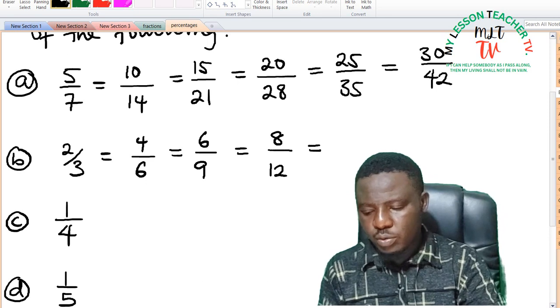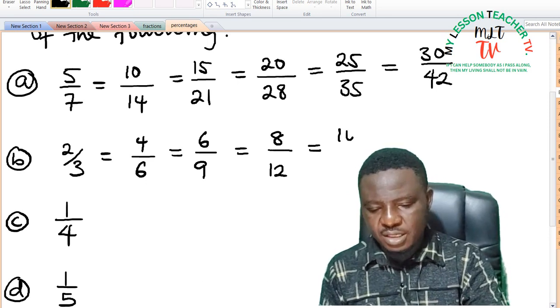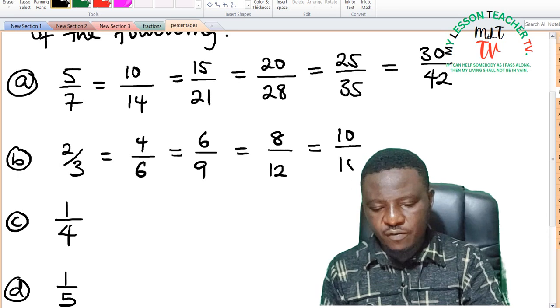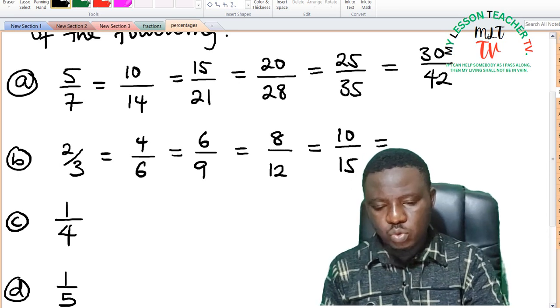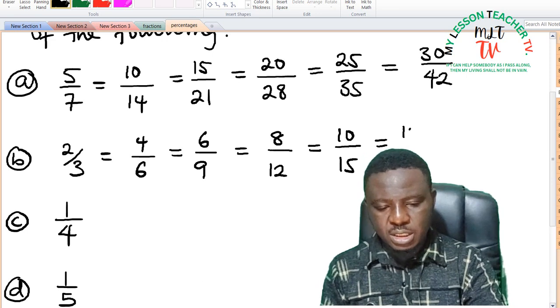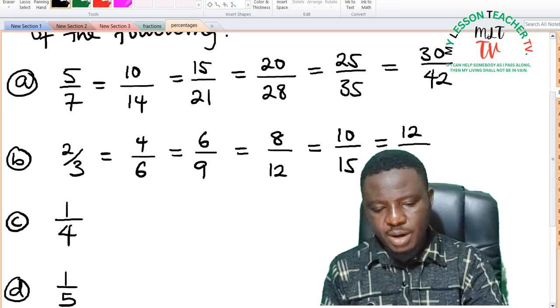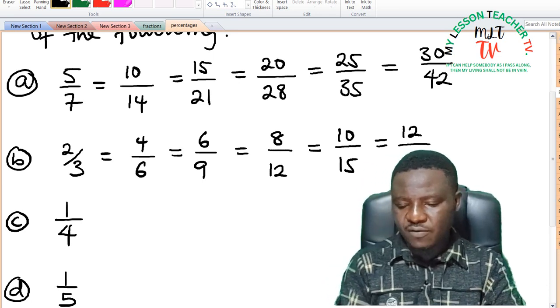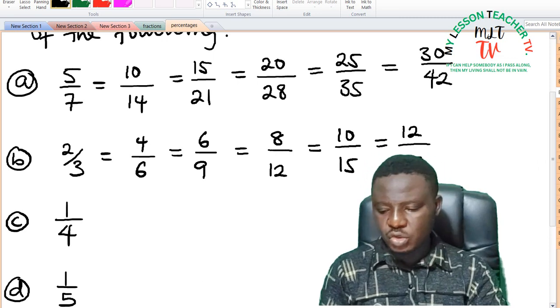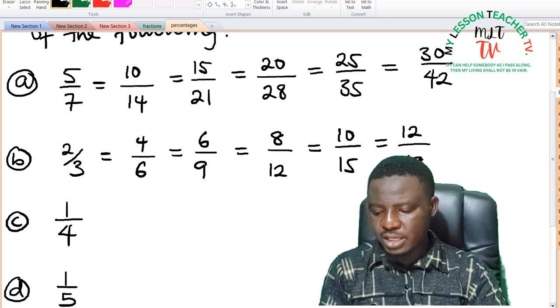This will be equal to 2 times 5 is 10 over 15. This is equal to 2 times 6 is 12 divided by 3 times 6 is 18. So these are the first 5 equivalent fractions of 2 over 3.